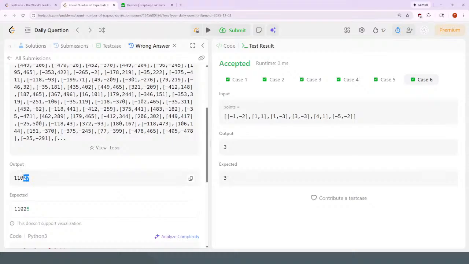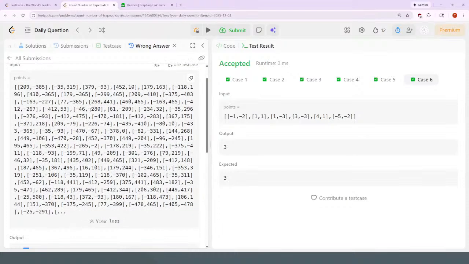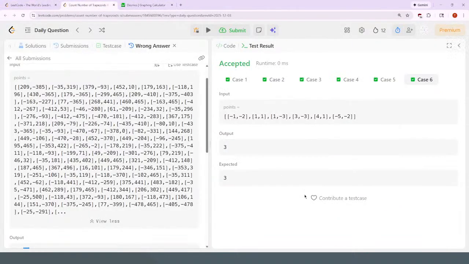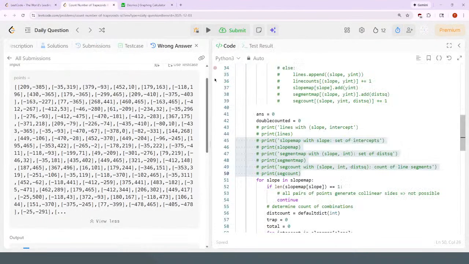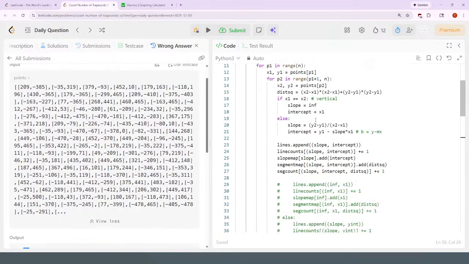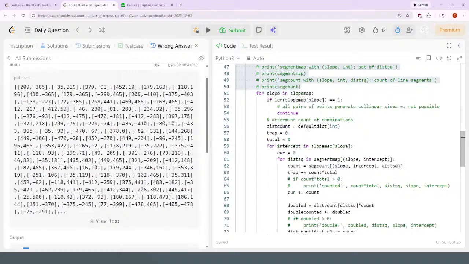Oh my god, it's like too off. Okay. Can I logic my way to where the error is? Because there is an error. Just because it's close doesn't mean it's correct. Definitely doesn't mean it's correct.